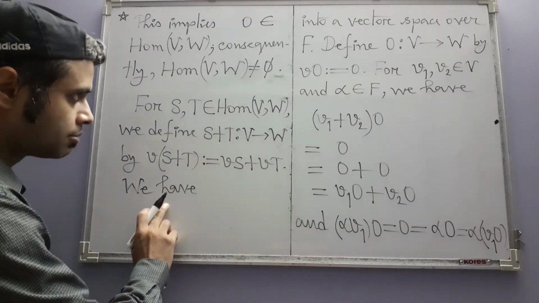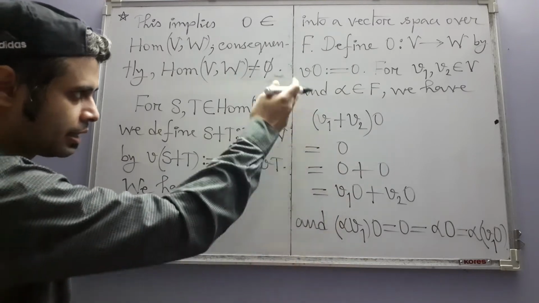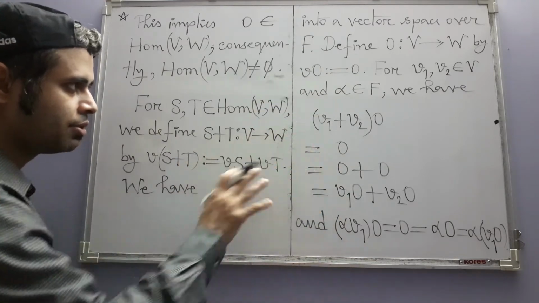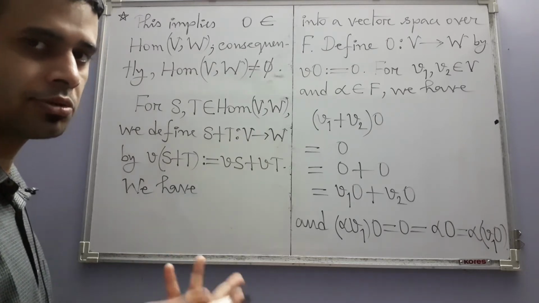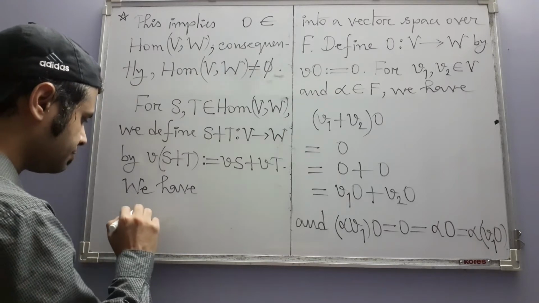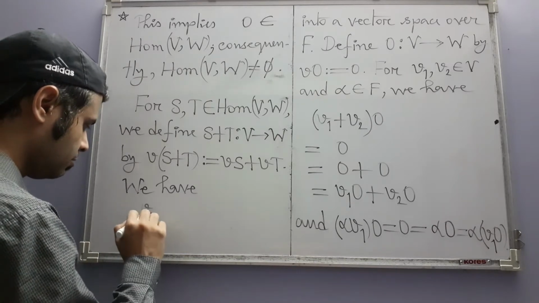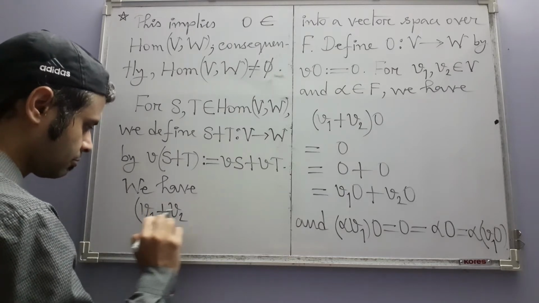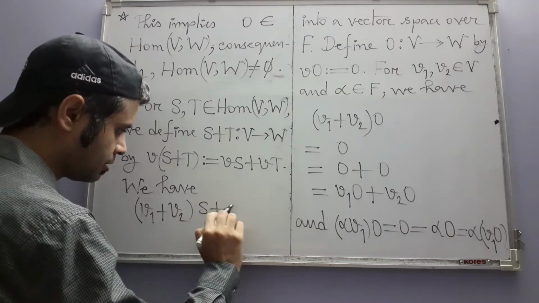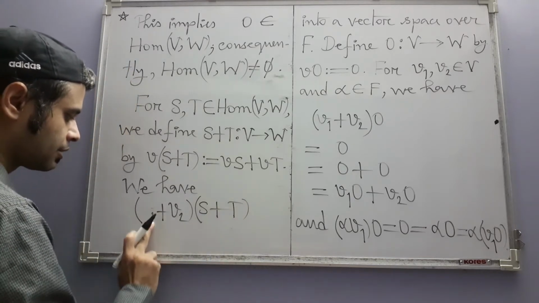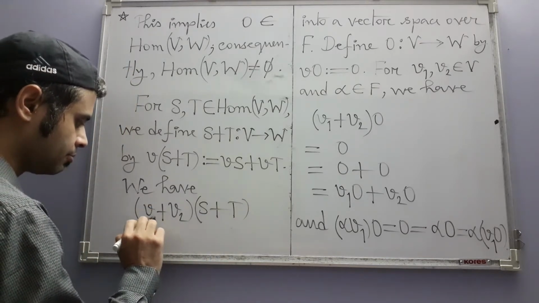So we have to again carry out these calculations now for the function S plus T. Here we will not again mention what v1, v2 and alpha are. So we directly write, we have (S+T)(v1 + v2). This is the S plus T image of the vector v1 plus v2.